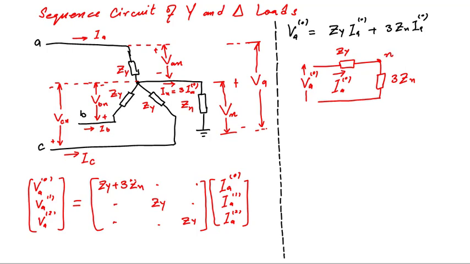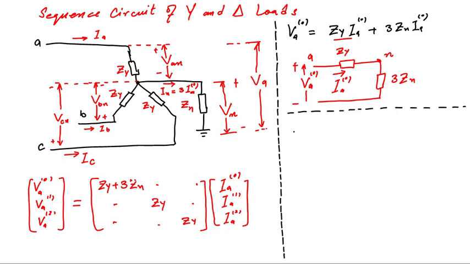So here the voltage from terminal A to the ground is equal to the voltage drop across ZY due to current IA0 sequence, this term, then the voltage drop across 3Zn due to current IA0 sequence. So this is known as the zero sequence circuit of this Y connected load.